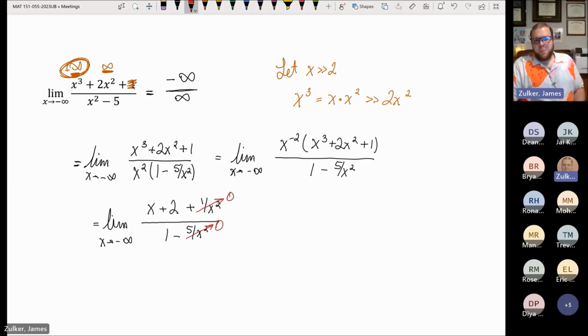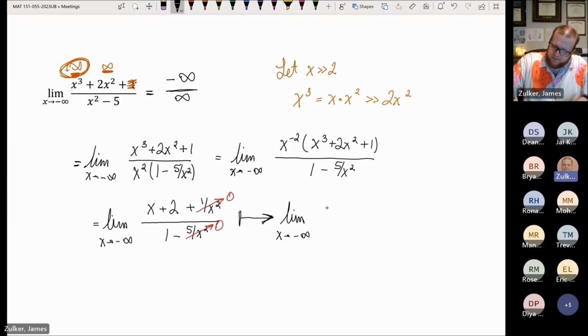Right, the 1 over x squared and the 5 over x squared are going to tend to 0. So really, we can think of this limit as just the limit as x approaches negative infinity of x plus 2 over 1. But again, since we're over 1, we can really just think of it like x plus 2.